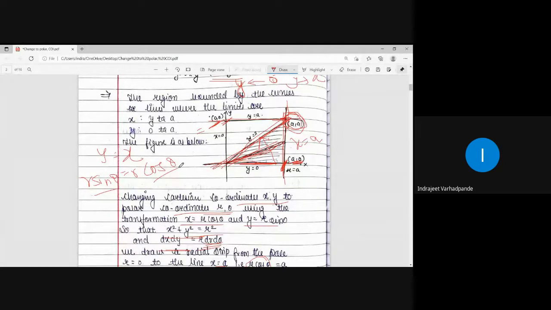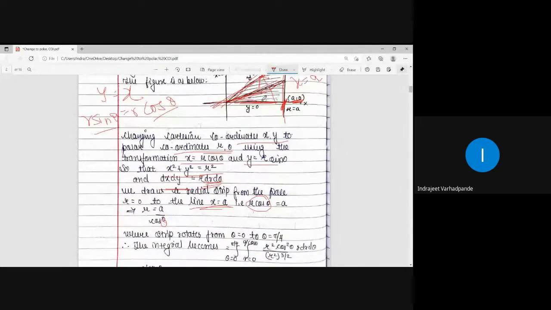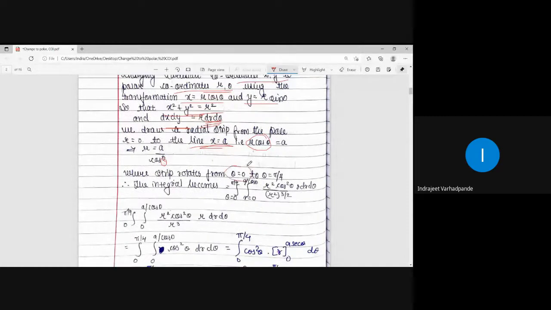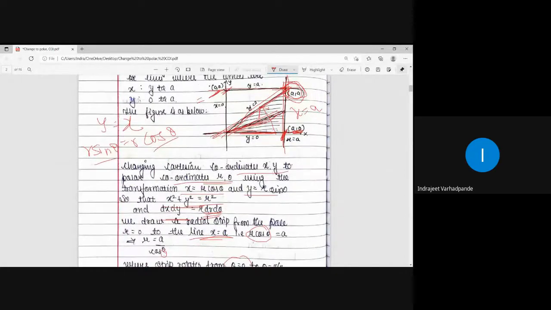At what angle is the value of sin theta and cos theta the same? It is theta is equal to pi by 4. So therefore the rotation of theta will be from the initial line, which is theta is equal to 0, and it will go up to the line y is equal to x.